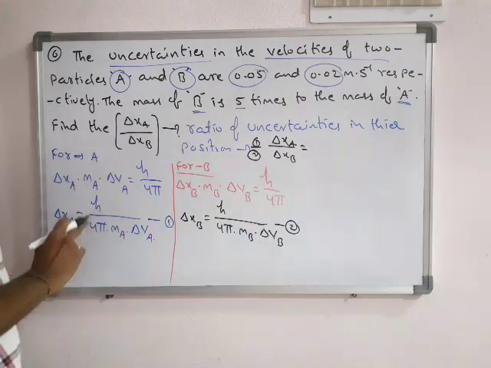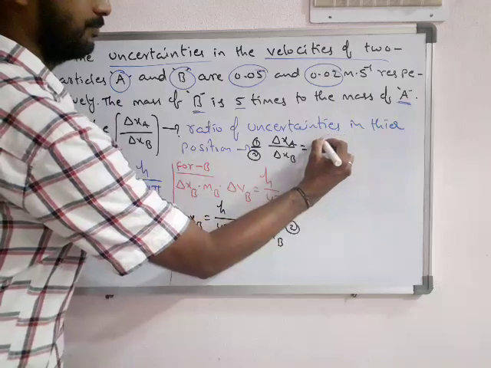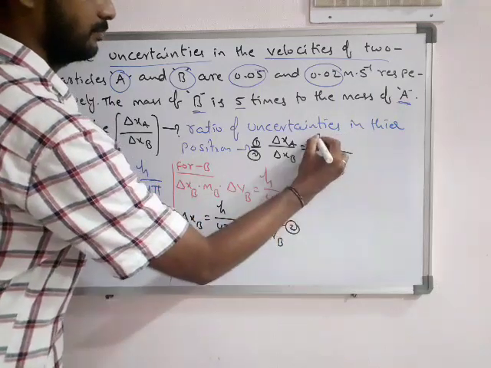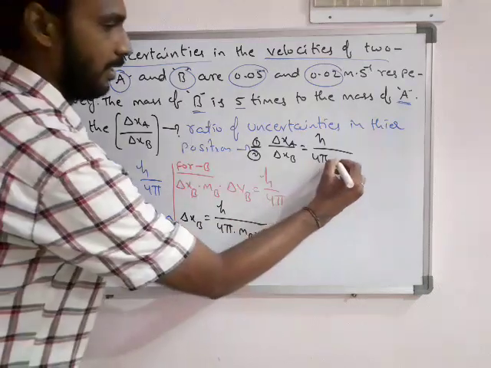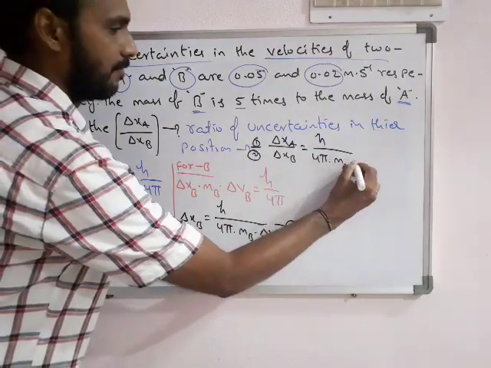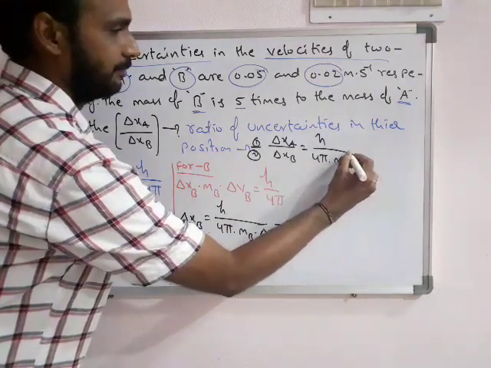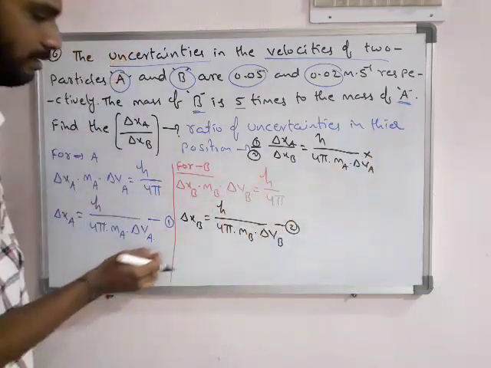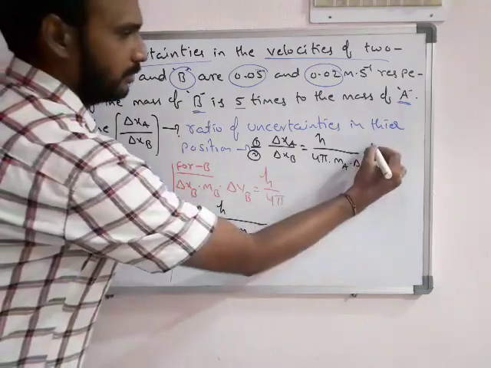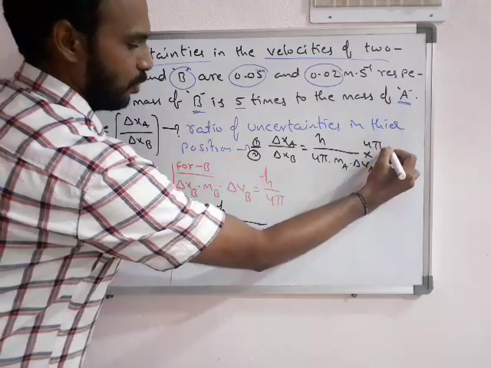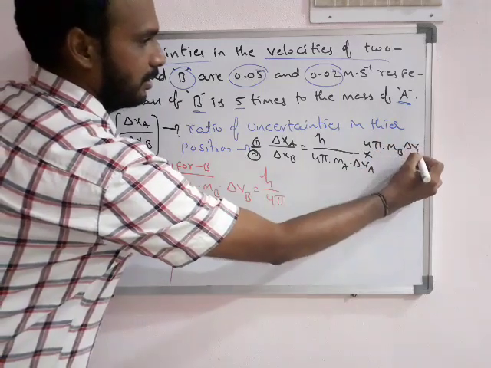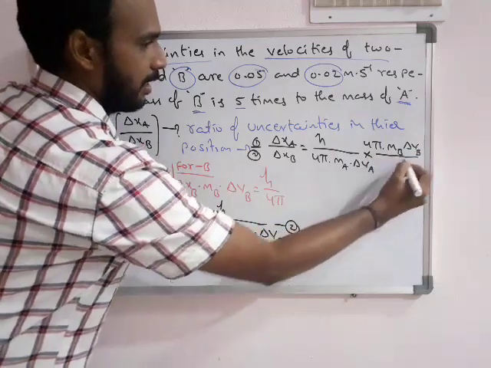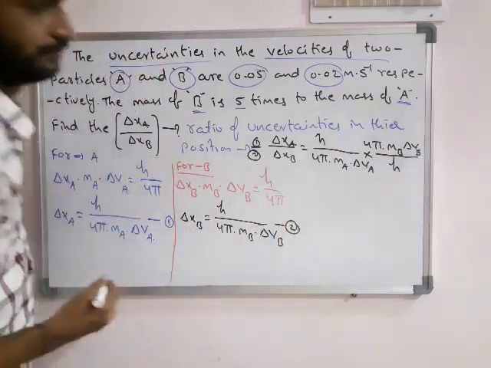Here we get h by 4 pi mass of A delta VA, and the denominator is exactly the reciprocal: 4 pi mass of B delta VB by h.